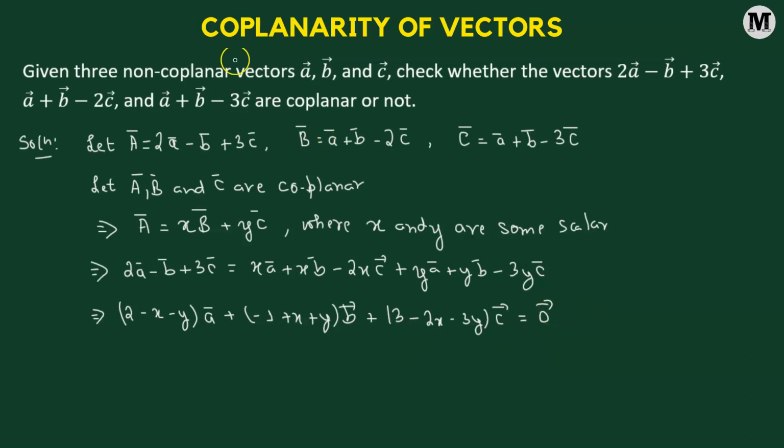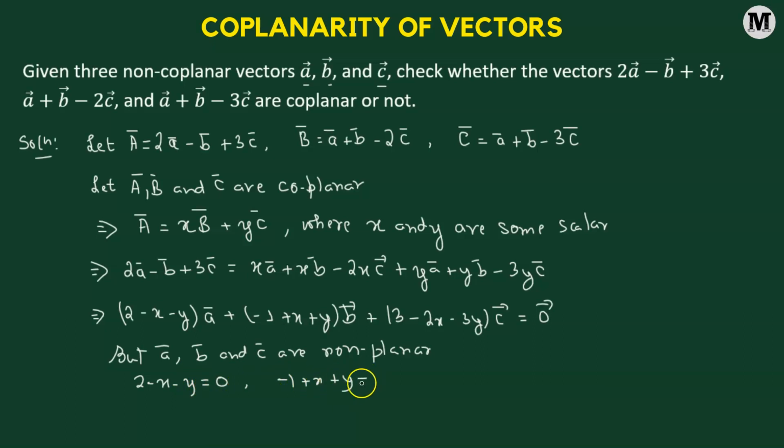Now, luckily for us, it's given here that A vector, B vector and C vector are non-coplanar. Let's use this fact. If they are non-coplanar, that would mean that their coefficients must be equal to 0. So 2 minus x minus y must be equal to 0. Negative 1 plus x plus y must be equal to 0.